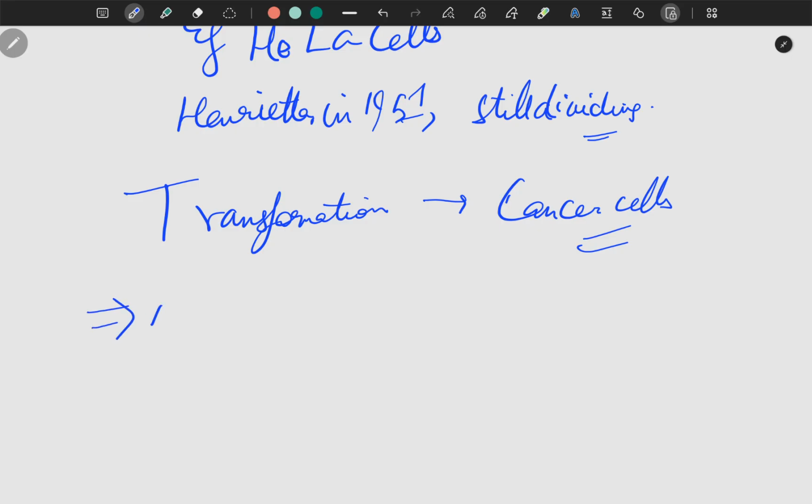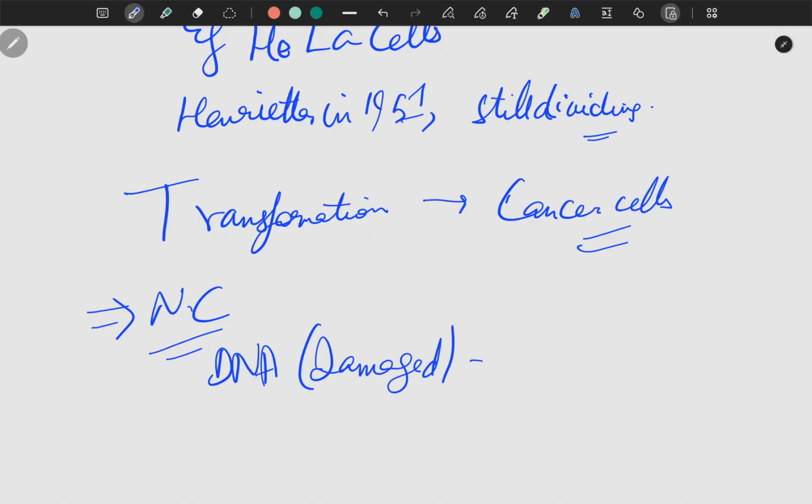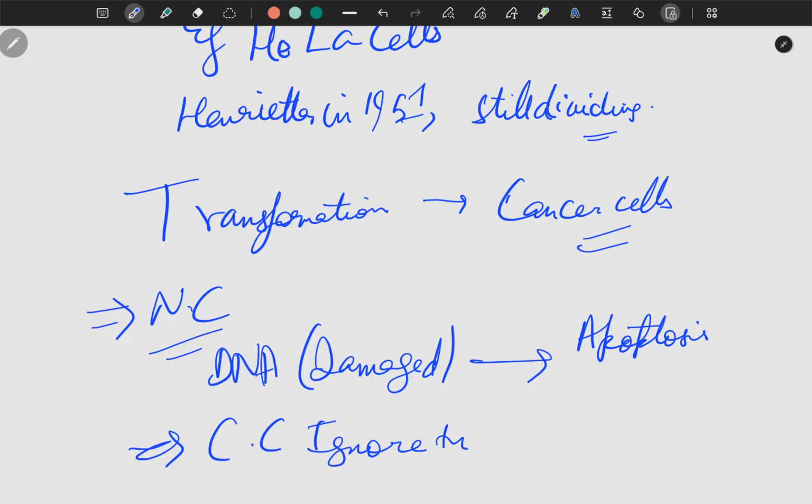Normally, in normal cells, if DNA is damaged, the cell triggers apoptosis. Apoptosis means self-destruction of the cell, or programmed cell death. Cancer cells ignore this process.